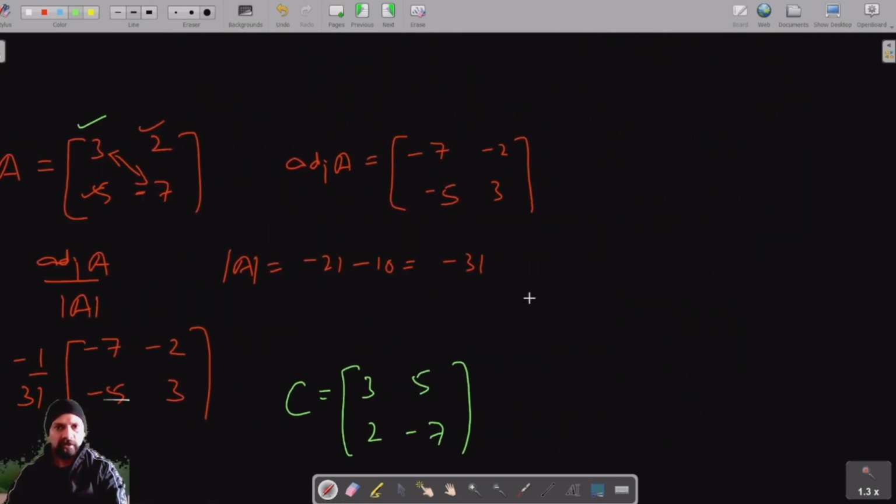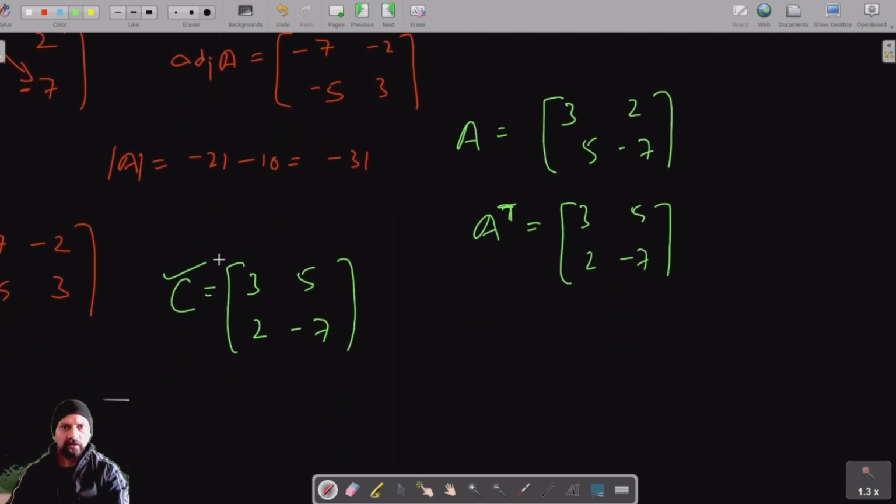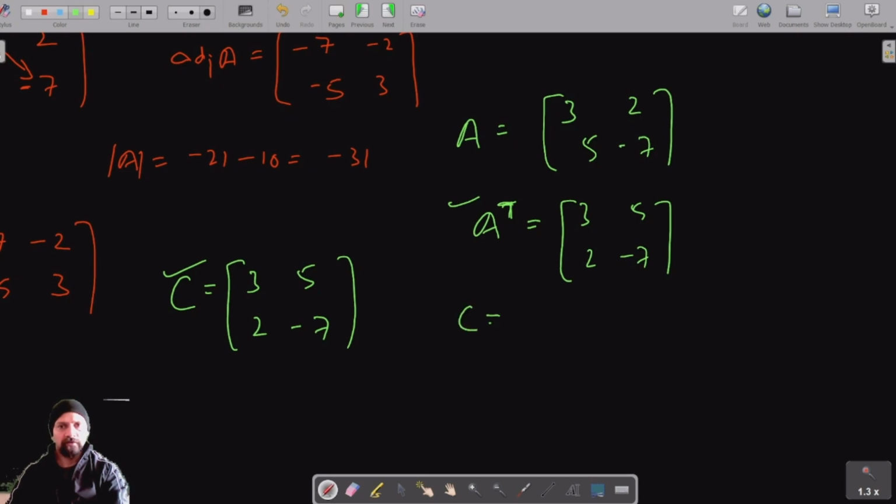And we have A. So A is 3, 2, 5, negative 7. And if we find the transpose of A, that would be 3, 5, 2, negative 7. So that means C and A transpose are equal. So C is equal to A transpose.